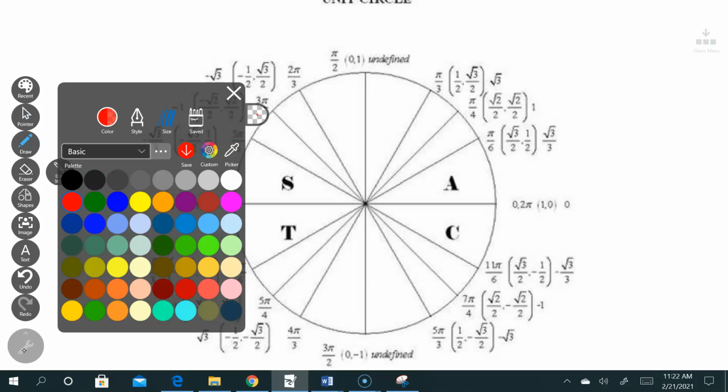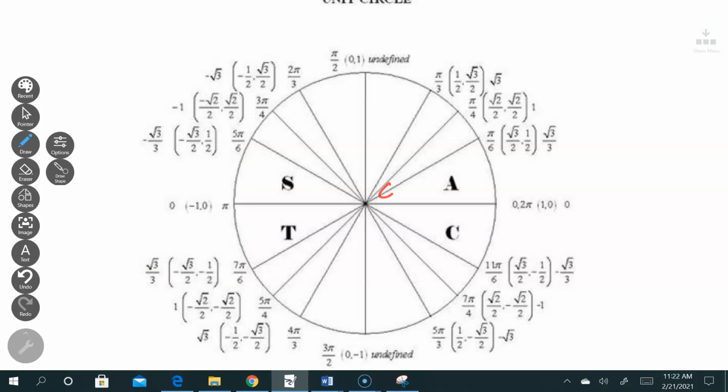But let's look at these quadrants. Here's quadrant 1, which is always going to be pi over d. Here's quadrant 2, which is always going to be n pi over d, where n is 1 less than the numerator. Here's quadrant 4, which is always going to be negative pi over d. So all these angles here are bad angles. That's not the angles I want.